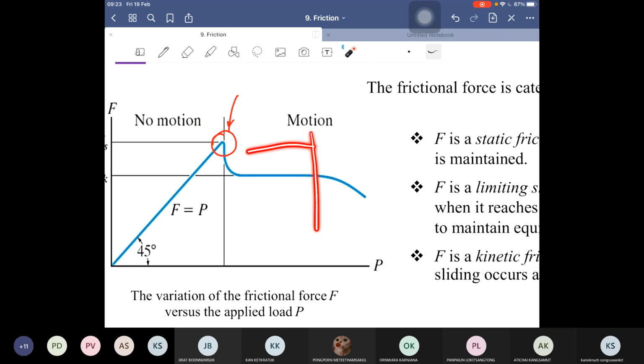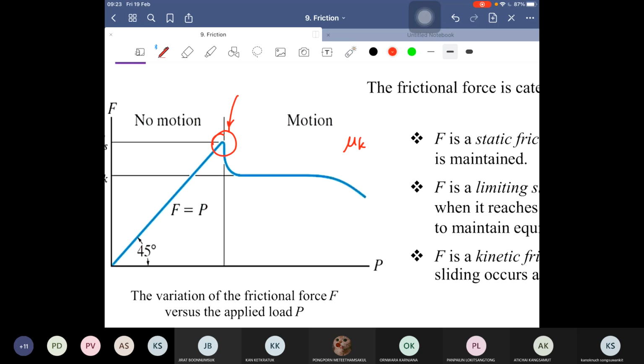Okay, at this state, Fk is still constant, the same value. But after that, if we increase the force P enough to increase the speed of this box, so as the force P becomes greater and the speed of the motion is high, then the kinetic frictional force Fk and the coefficient mu K will begin to decrease.